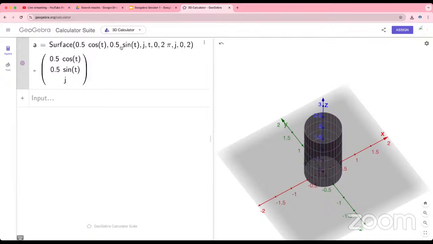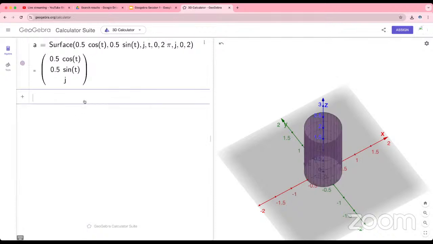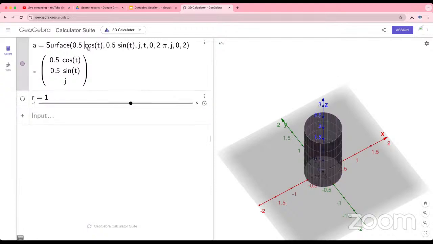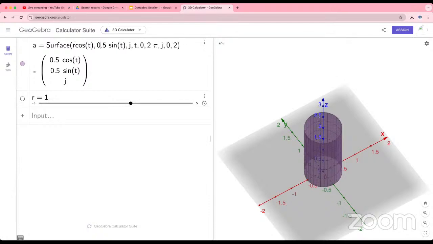So you wanted to keep the x coordinate as r cos theta, where let's say my radius is 0.5 here, and I can define r as a constant here. Let's say r is 1. That can be changed. So you are saying that this has to be r and this has to be h. So my h is j here, or let me change this to h so that it's easier for you to visualize.